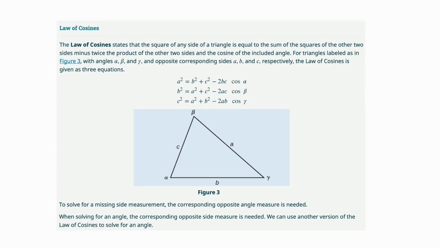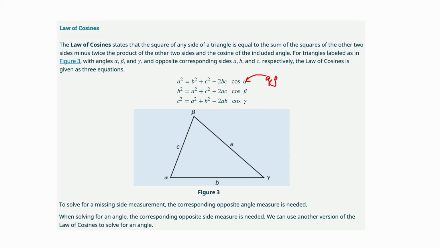Okay, the law of cosines is a really handy tool as well, because it's a generalization of the Pythagorean theorem. The Pythagorean theorem says that if you have a right triangle, you square each leg and add them together, you get the square of the hypotenuse. What I mean by generalization is that this no longer has to be a right triangle. Notice that if alpha, for example, is 90 degrees, for a right triangle, the cosine of 90 degrees is 0.